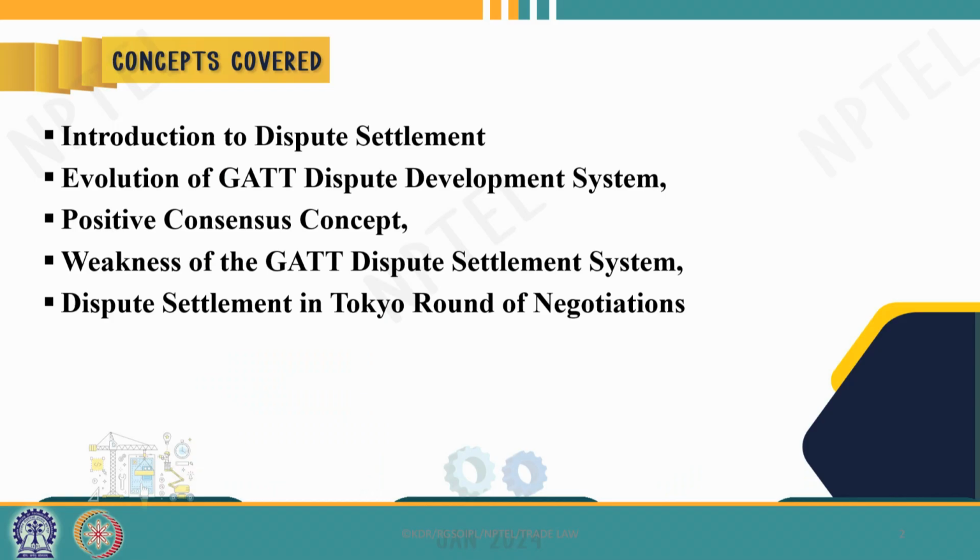As we know, the dispute settlement system is the cornerstone of every international agreement or arrangement. If there is no dispute settlement and the parties are not satisfied with this system, and if the disputes are not resolved, then there will be tensions and problems among the members of an international agreement.